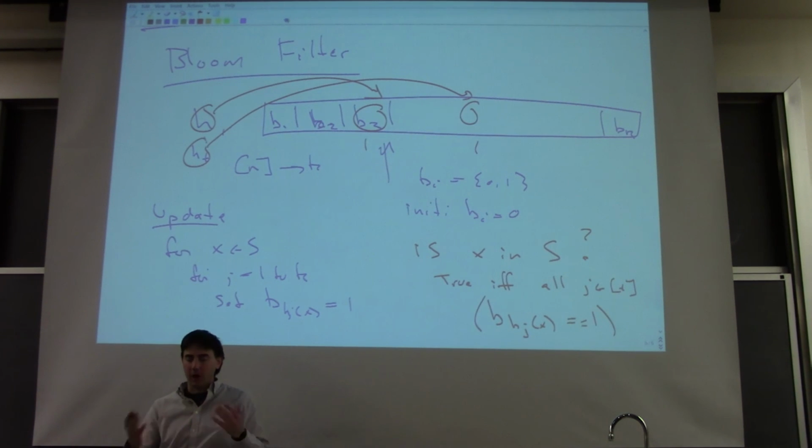So only if all of the bits are set to 1 do I say it's in the set. Okay, so if you just use one hash function, it's not that uncommon to get these collisions. But if you use multiple hash functions, then you need everything not to be in a collision, and so you get to amplify.